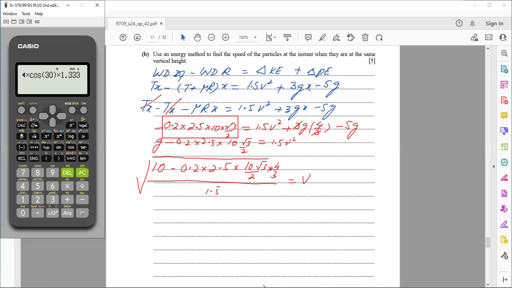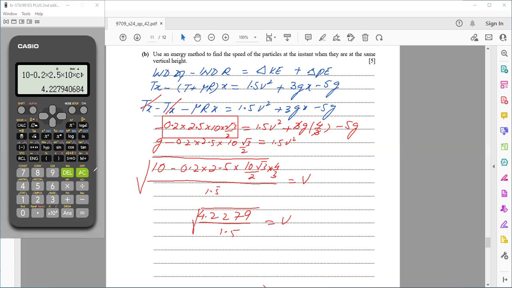So I have this answer. Am I right? Divided by, 4.2279 divided by 1.5, that is equal to V.